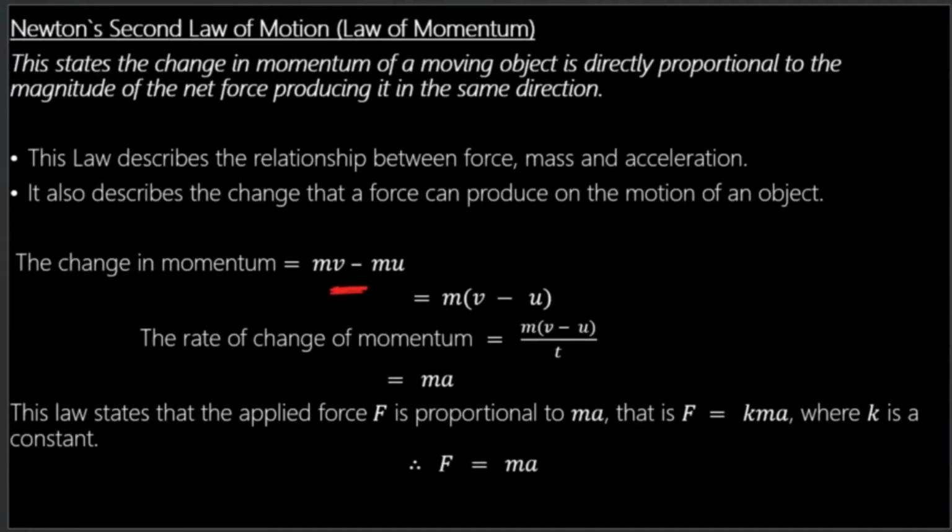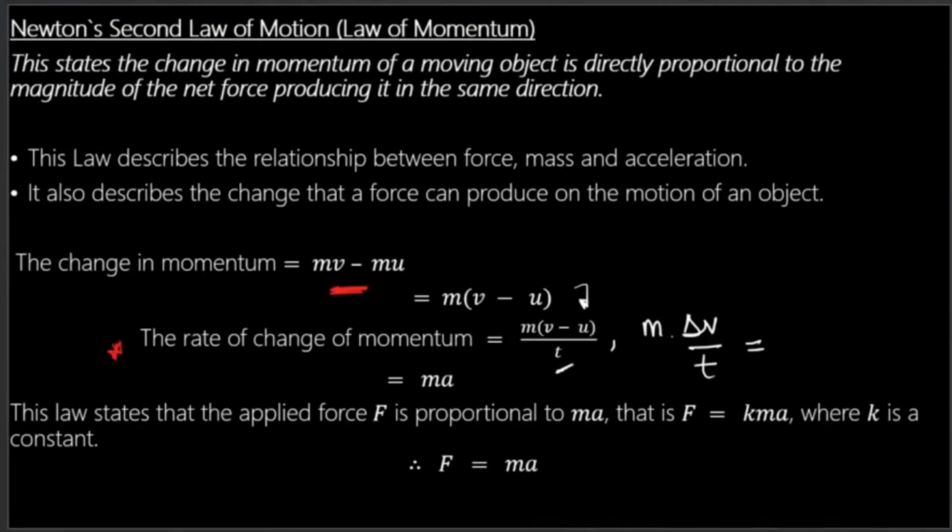So the rate of change of momentum: we are referring to the change of momentum per unit time. So the formula can be transformed into m(v minus u) over t, of course, with the change in velocity over time being acceleration.